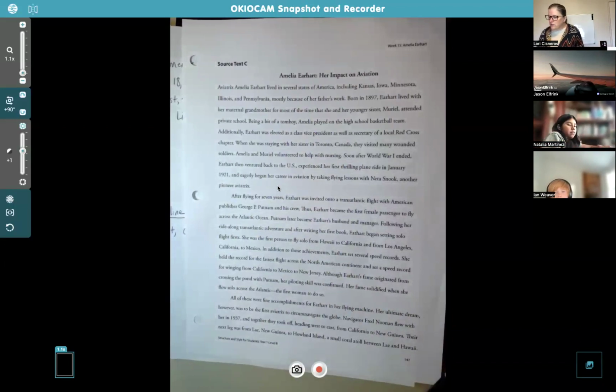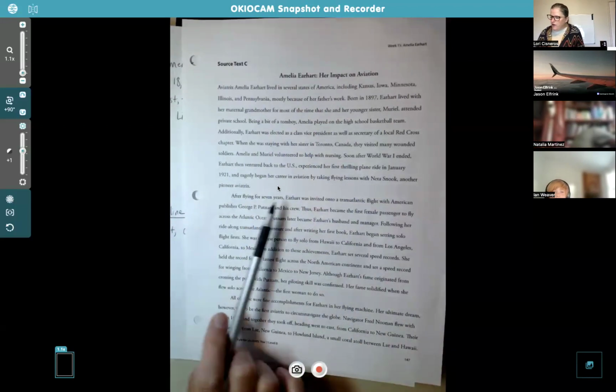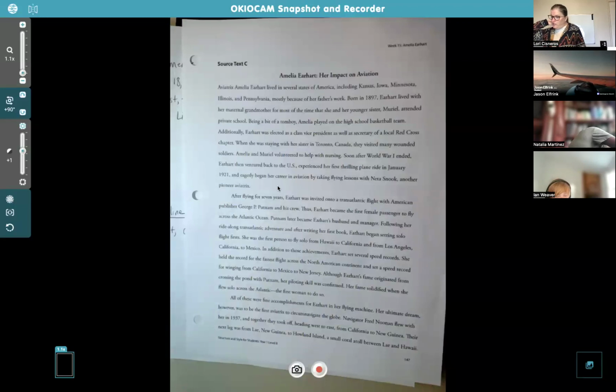So that would be interesting to include. And then this part here about after flying for 7 years. So she had already had her license, but she didn't try any big trips until after she was a passenger with George. After that, then she's like, oh, I think I can do this.